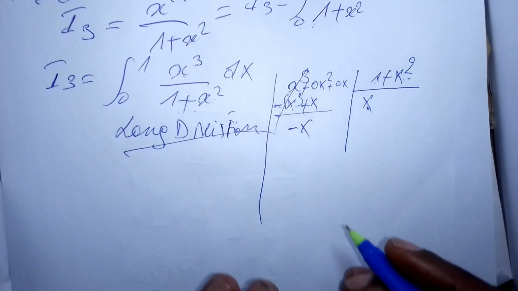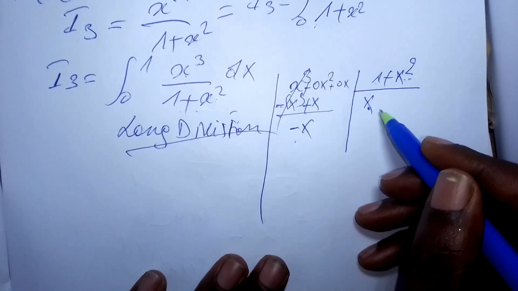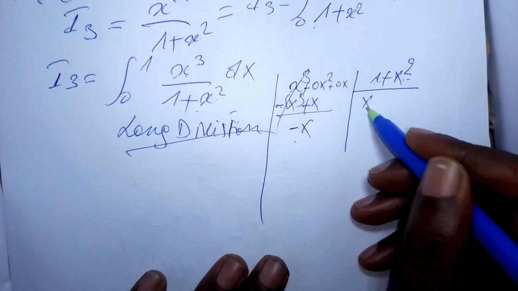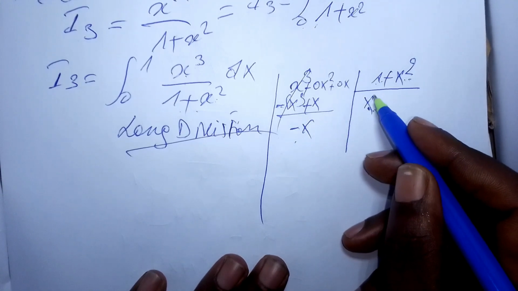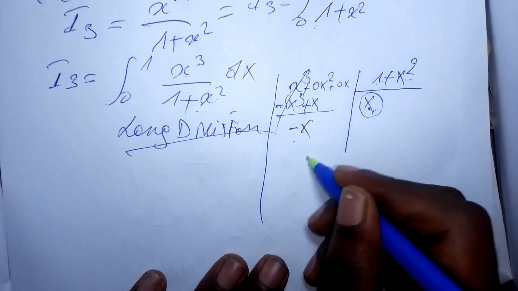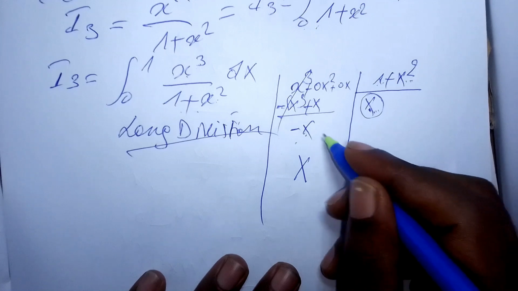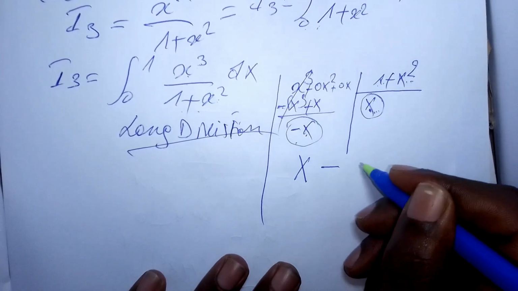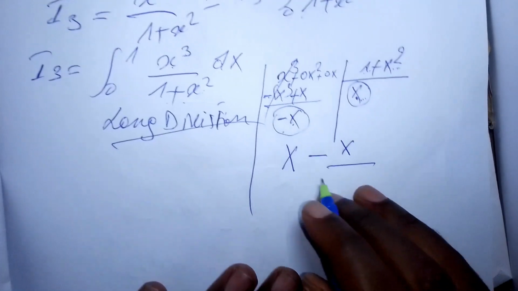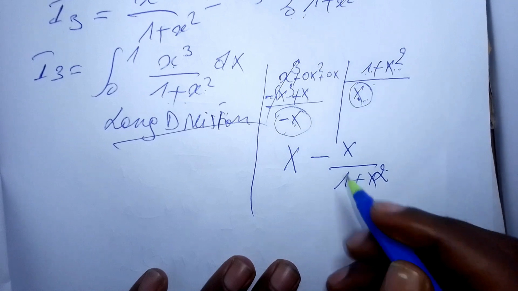So now we have a remainder, a divisor and a polynomial where we have x, so we first write x, and because we have a remainder, we write negative x over 1 plus x square.